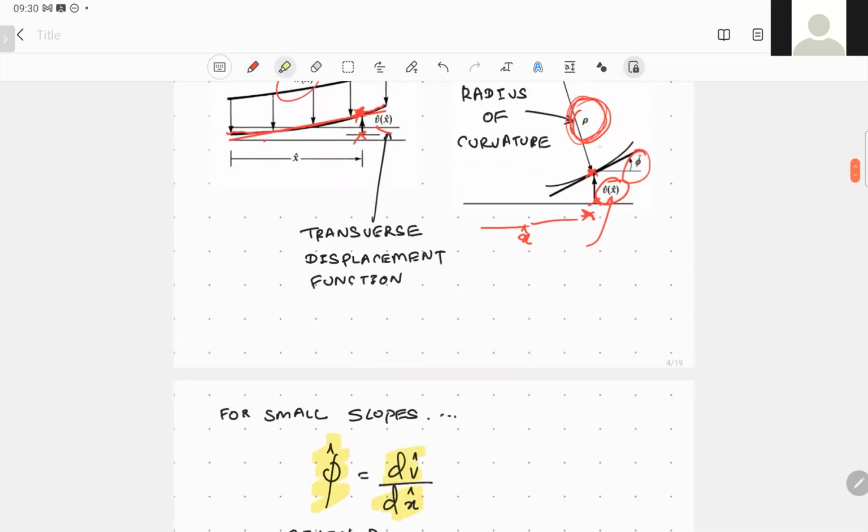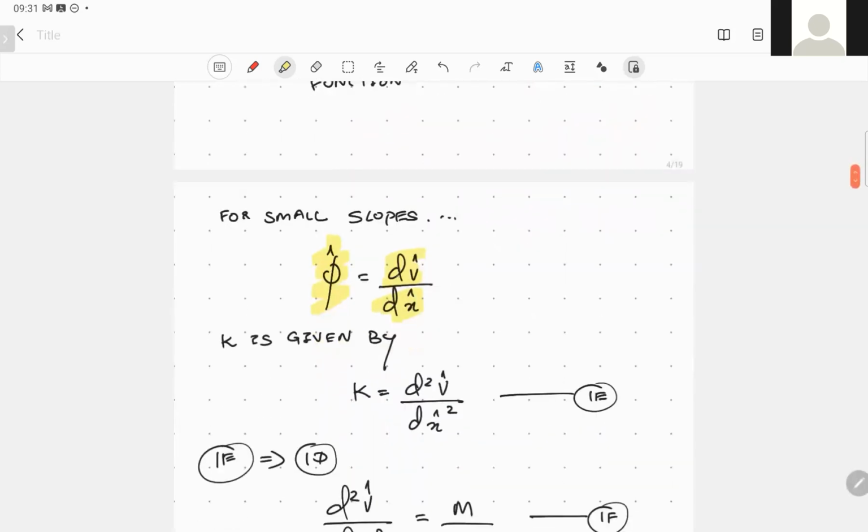Using this figure, you can clearly see that if the angle is small, we can assume tan theta is approximately equal to theta. So you can obtain the tan theta value using dv hat divided by dx hat, the small angle approximation.